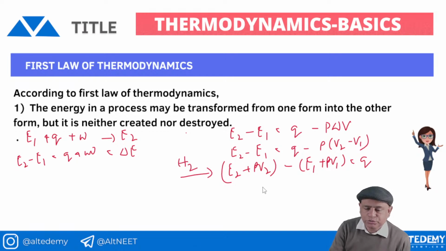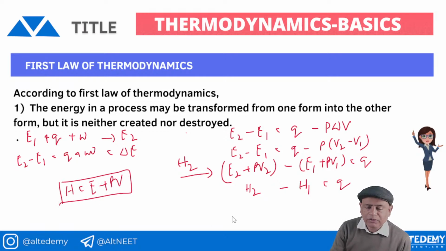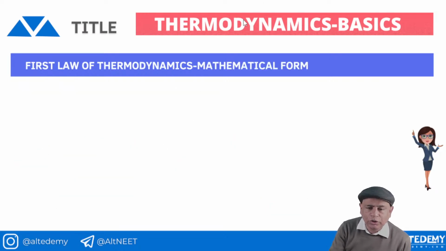We name this H2, so H2 minus H1 is equal to Q. H is equal to E plus PV. Delta H is equal to Q. First law of thermodynamics, the law of conservation.